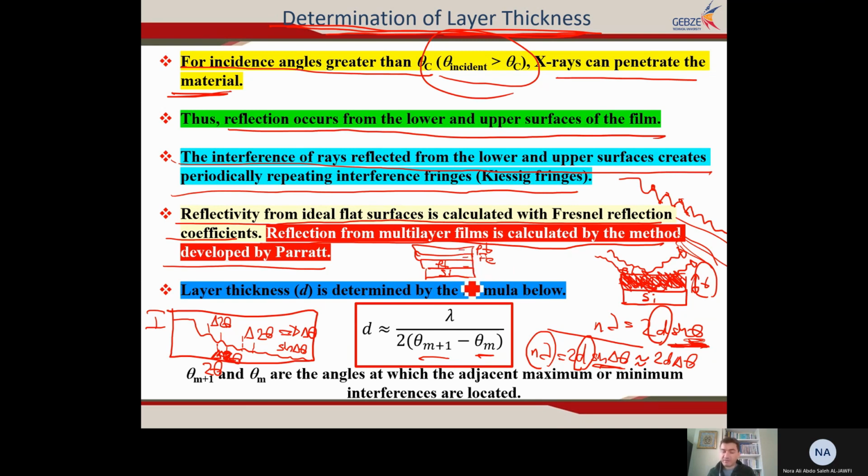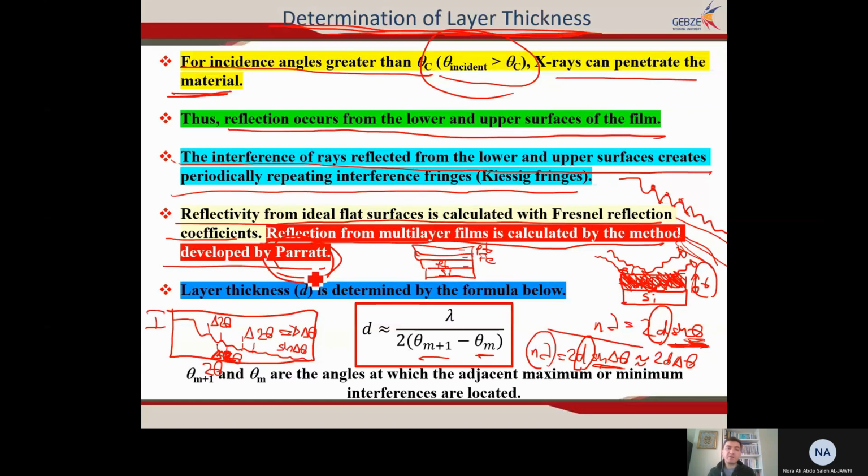This is a multilayer thin film, and this method cannot help you. You have to use the Parratt formalism to calculate the individual layers within the multilayer thin film. Then you can calculate the thickness of each layer within the material.